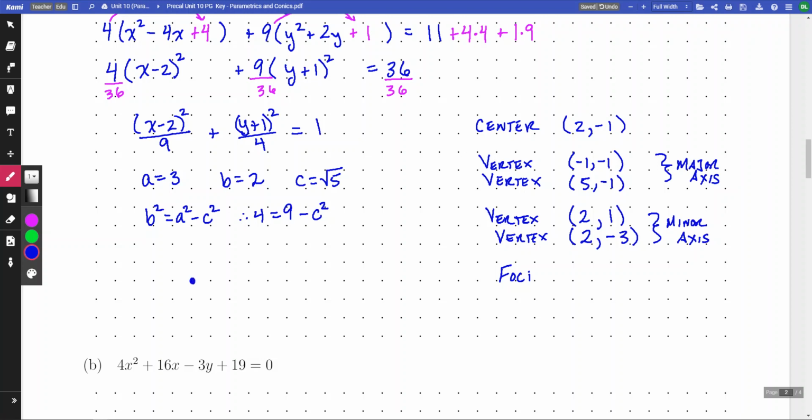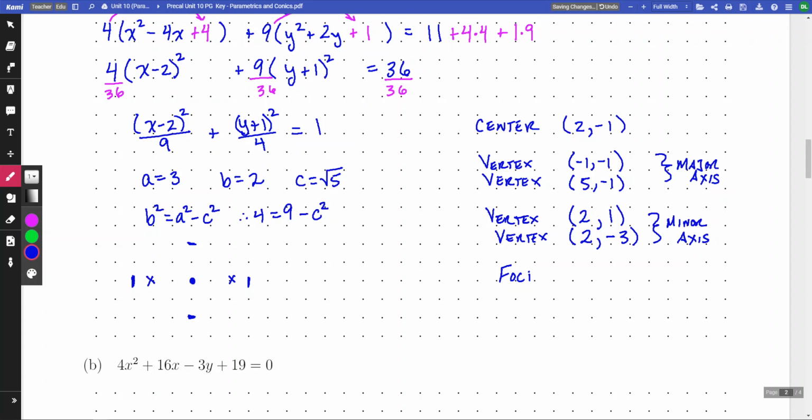So I'm going to have my center, and I know I'm going to be stretched a little bit vertically, but I'm going to be stretched more horizontally, and my foci will be right between my vertices and my center along my major axis, and my major axis happens to be horizontal here.